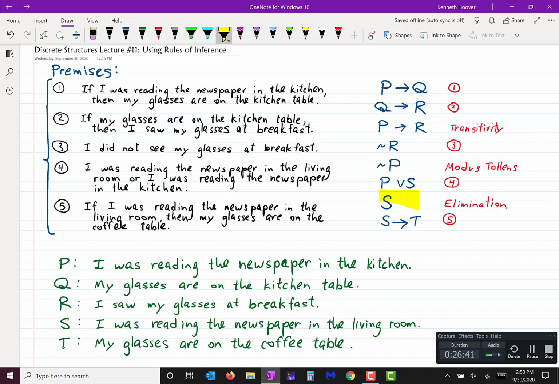Now put these two lines together, and what conclusion can you make? I have S implies T combined with S gives us what? Gives us T. What rule of inference did we just use there? That's the other funny named one. That's modus ponens.